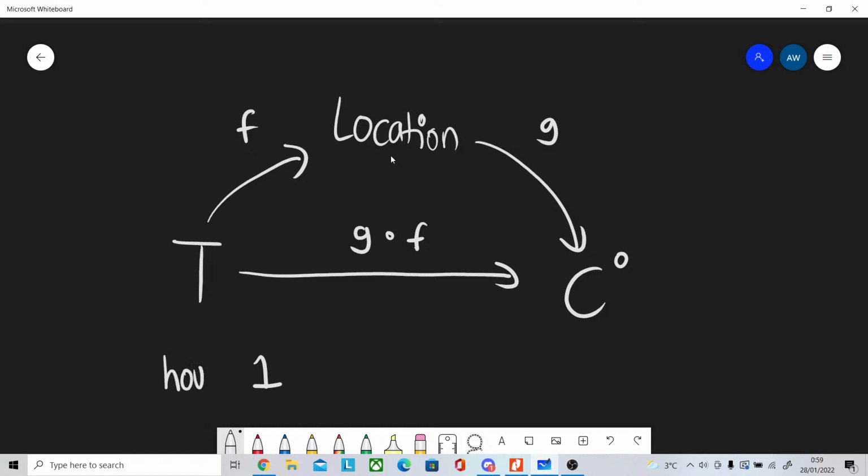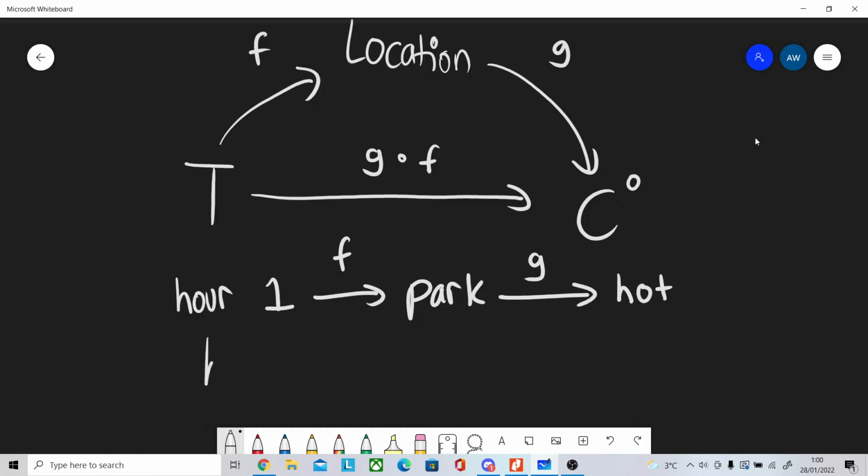So the hour one gets converted with F to a park. And the park G was hot at the time. So at hour one, you were at the park with the baby and it was hot at the park. So if you compose these two together, you get that the baby was hot at the first hour mark.